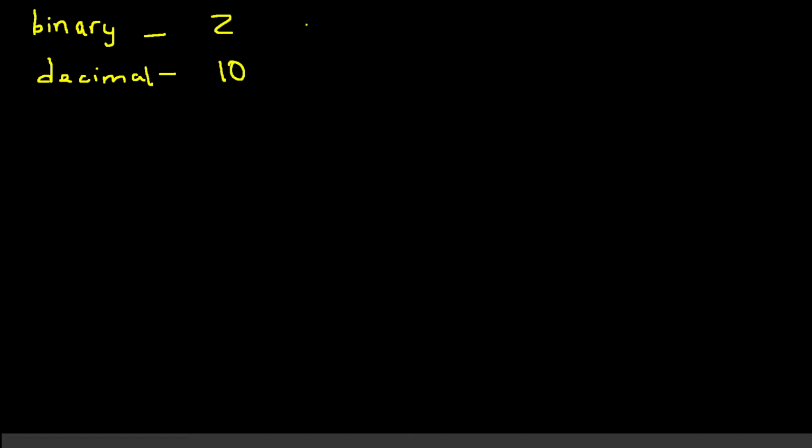So in binary, we have two numbers, 0 through 1. In decimal, we have 10 numbers, 0 through 9. But this gets us to the idea that numbers bigger than 9 don't really exist. It's just 2 places or 3 places or 4 places or however many places with the same numbers.